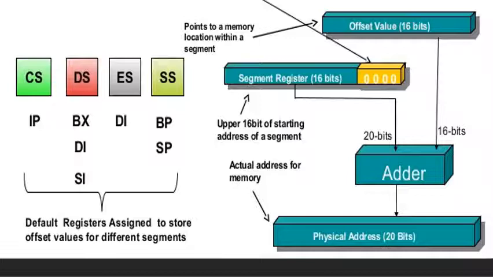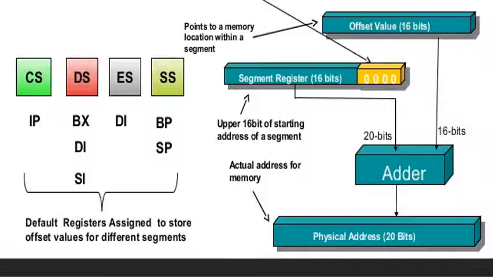For example, the instruction pointer is the default offset register for the code segment, and destination index or source index are default offset for the data segment. Destination index is the default offset for the extra segment.